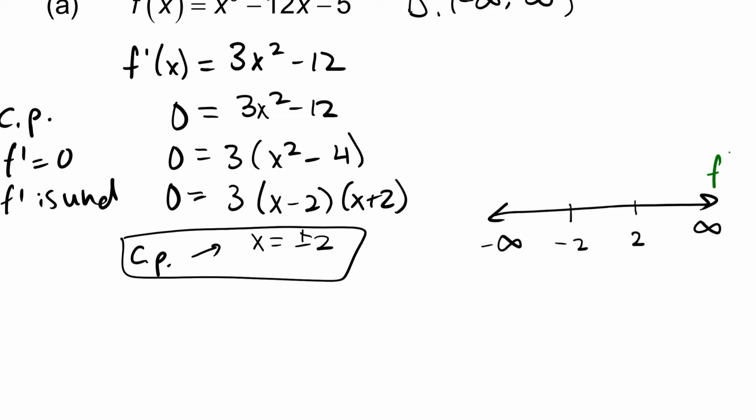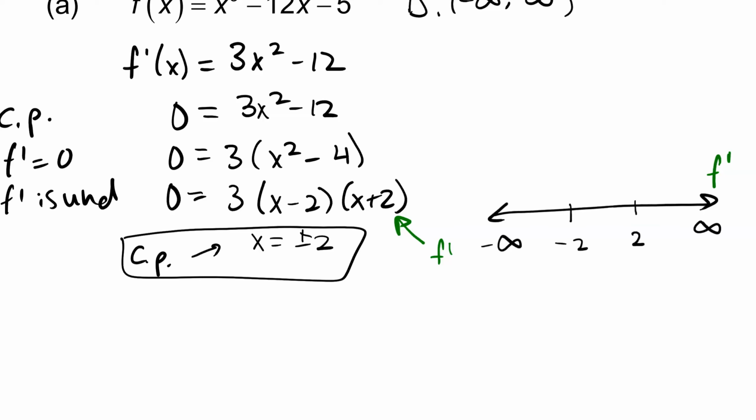First we have to do the first derivative test, plugging into the first derivative. If I put in a number less than negative 2, let's say negative 3, the 3 doesn't matter. Negative minus, that's negative, so this is a negative times a negative, which is positive.